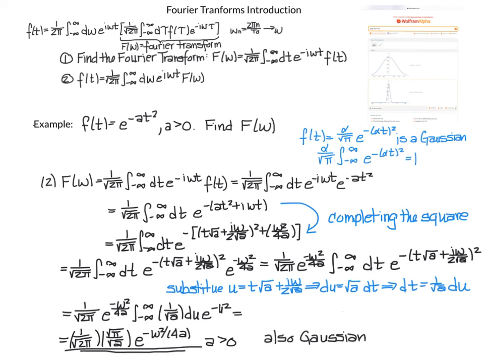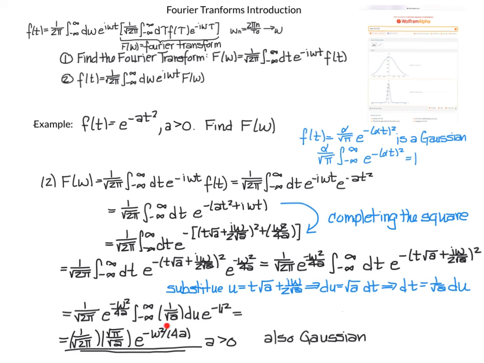So my final answer is 1 over the square root of 2a, times e to the minus omega squared over 4a. And this is when a is greater than 0.